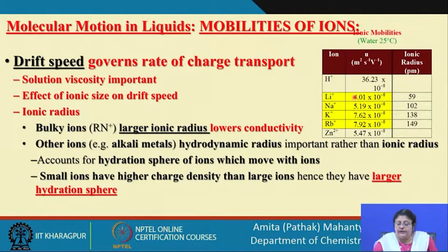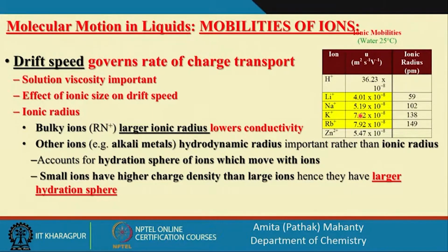Compared to lithium, which is going to be the smallest, if you have the smallest radius, then you should have the highest speed, because radius is inversely proportional to the speed, as we have seen, right. So if it is a smaller ion, you should have a higher speed, but what happens here, you see the lithium conductivity is much smaller than that of the potassium ion.